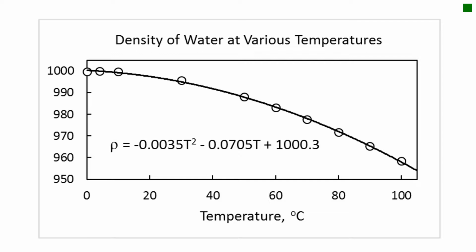For a liquid, the heat capacity at constant volume is nearly identical to the heat capacity at constant pressure, so in this case, Cv will equal Cp. And if our system is water, the value of the heat capacity at constant pressure is just equal to 4.18 kilojoules per kilogram degree Celsius.